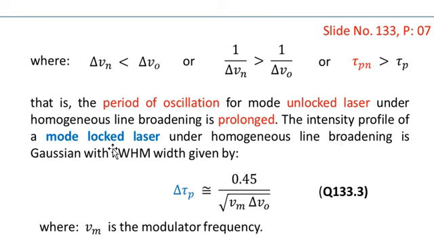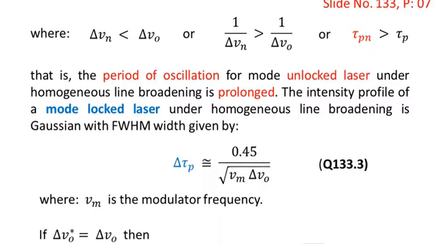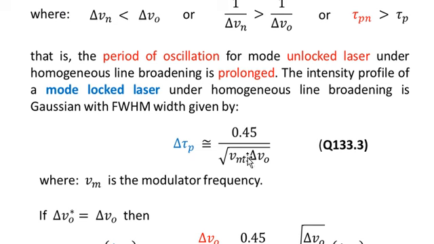The intensity profile of a mode locked laser under homogeneous line broadening is Gaussian with full width half maximum width given by delta tau p. This delta tau p for the case of a homogeneously broadened mode locked laser is given by equation number 3.